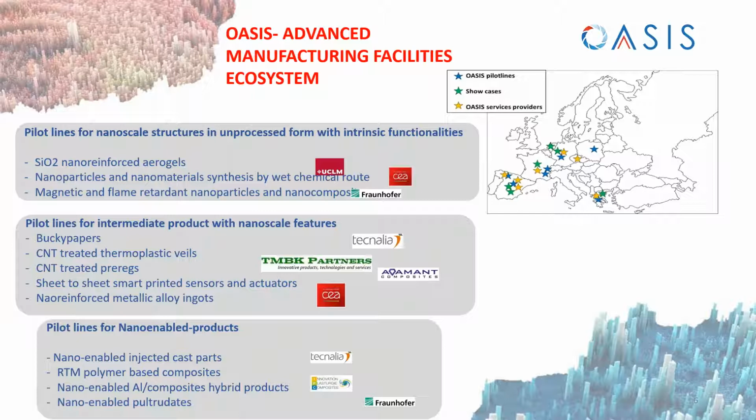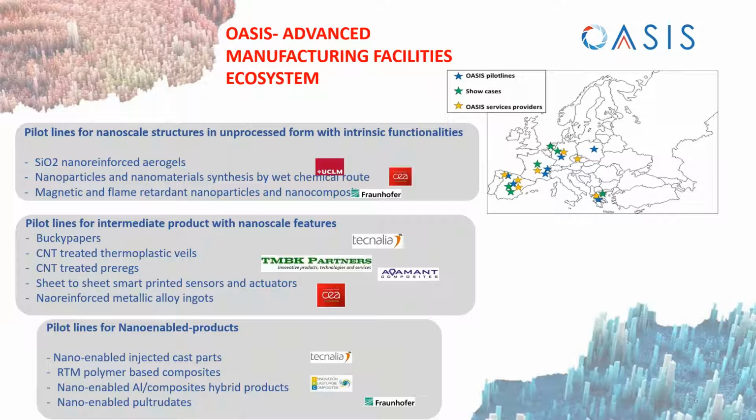Also in OASIS, 5 pilot lines are devoted to the production of intermediate products with nanoscale features: bucky papers, CNT-treated thermoplastic veils, carbon nanotube treated prepregs, sheet-to-sheet smart printed sensors and actuators, and nano-reinforced metallic alloy ingots.